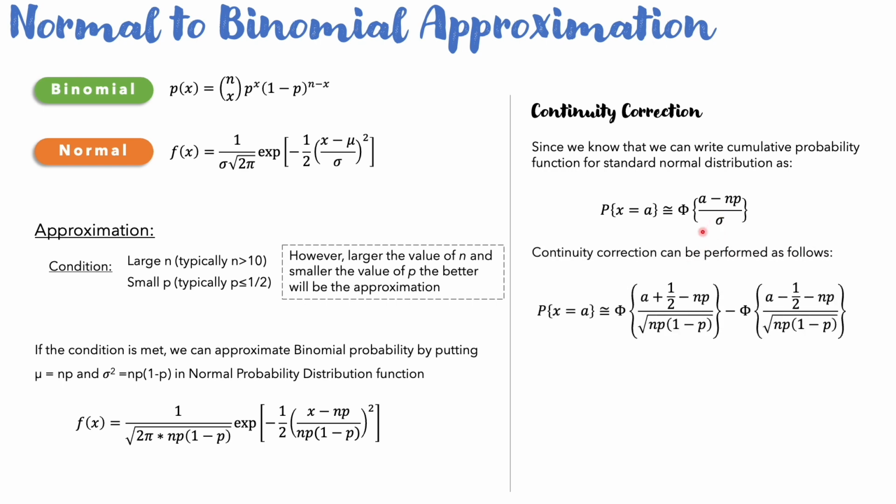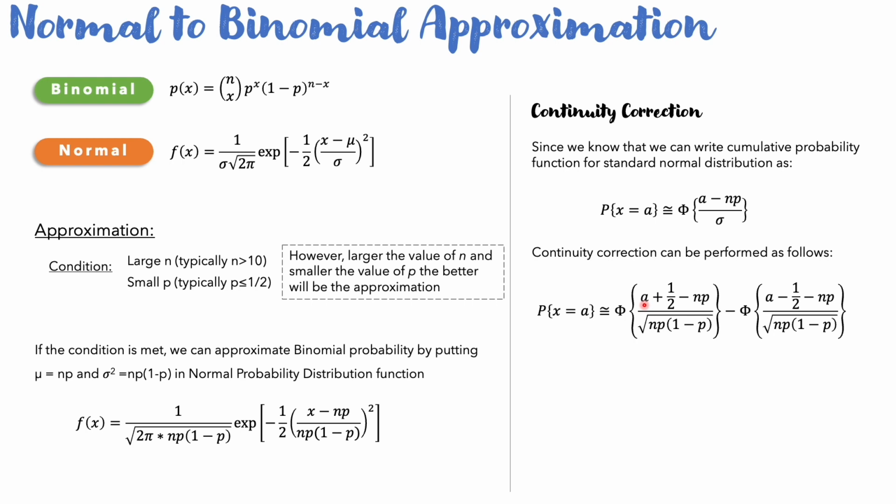Here what we are doing is we take this value exactly like this. We add 1 over 2, so we get a probability for this one, minus, we subtract 1 over 2 from a, and we get this probability value, and then we subtract it from this one.